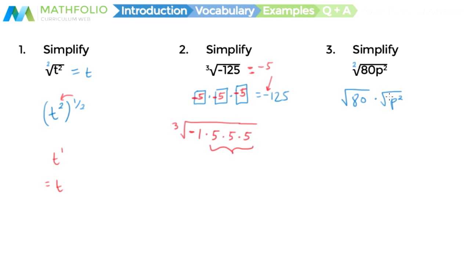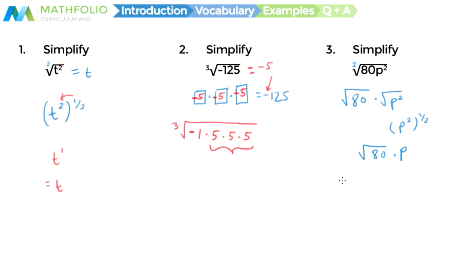And remember, the square root really means p squared to the 1/2, which when we multiply out becomes p to the 1, which is just p. But we still have this square root of 80, and the p we could actually bring in front of the radical right now, but for now we'll just leave it like this.